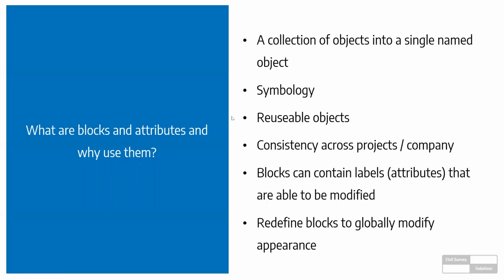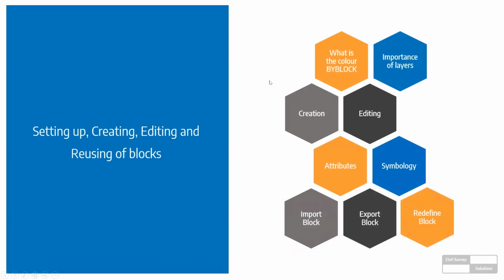So when we're creating blocks, we're going to have a look at these different aspects. We'll have a look at what the color by block means when we're working with blocks. You've probably noticed in the layer list, you've got by layer, you've got by block, and you've got all the other colors 1 through to 256, and you've got your true type colors and things like that.